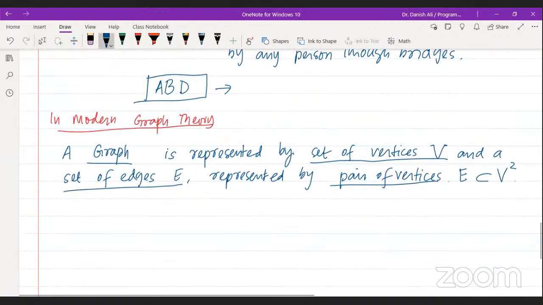You denote the vertices by points, and you denote the edges between them by a straight line or a curve, anything you like. For example, let's suppose like this.